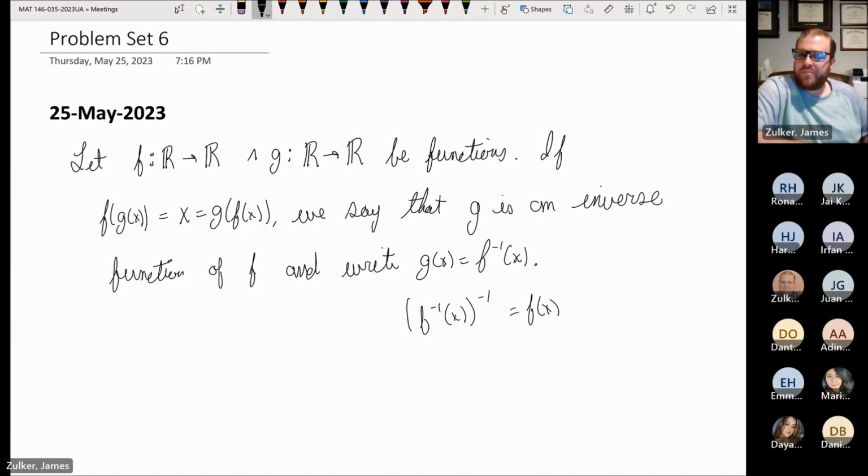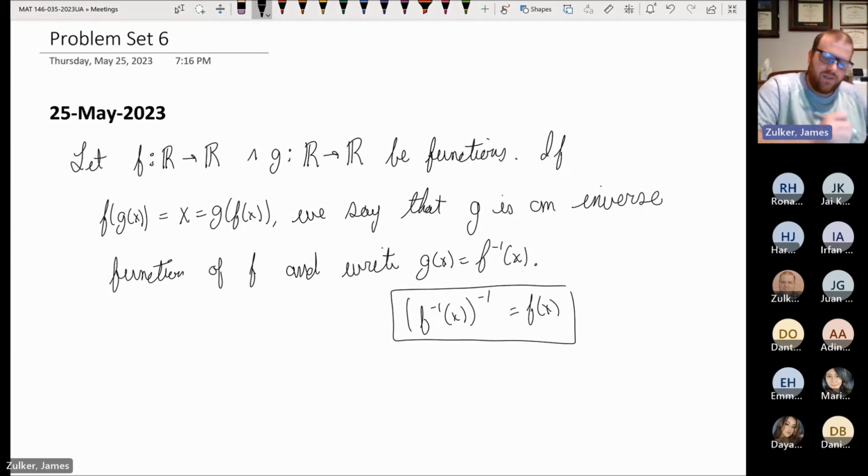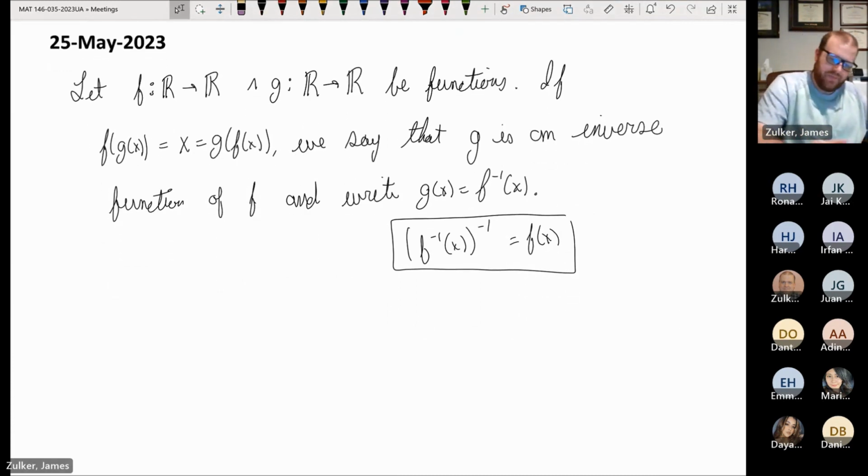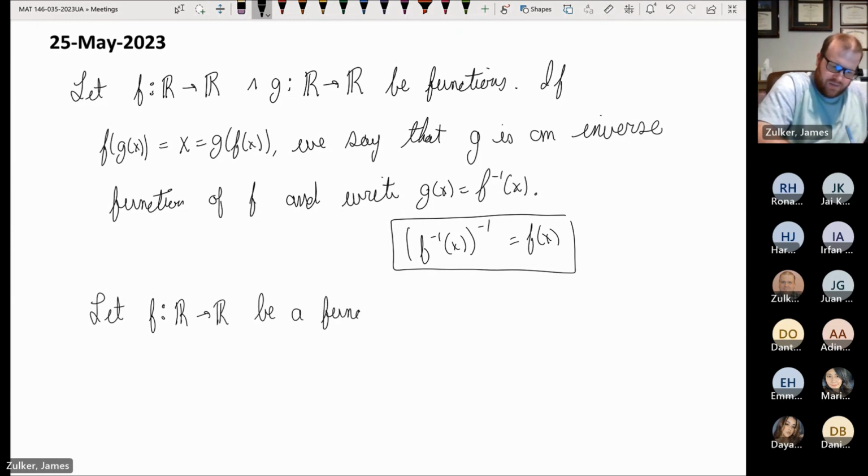Now, because of this right here, if f is an inverse of g, then g also has to be an inverse of f. Repeat what I just said.